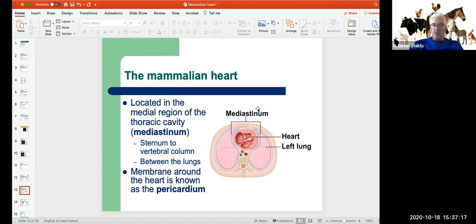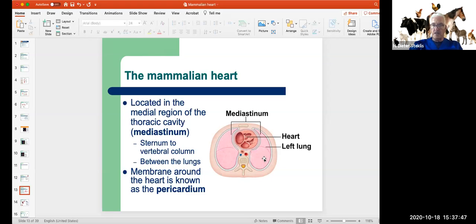You don't have to remember the term here, but just recognize that this is a cross section through the thorax. There's the front, or anterior portion, and the posterior portion of a person. You can see the heart's right in the middle, in this space called technically the mediastinum, and surrounded really by the lungs.